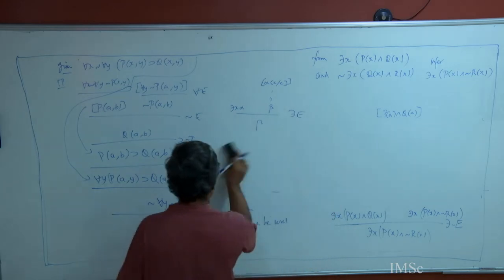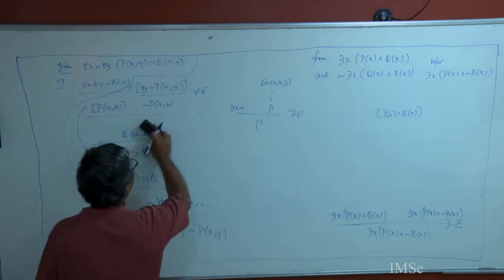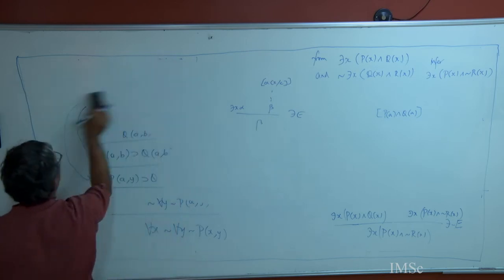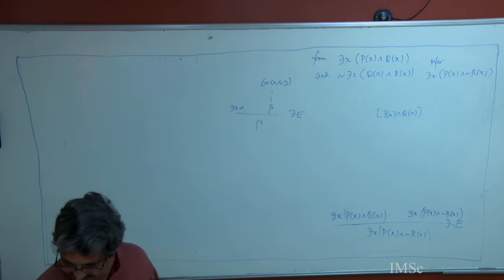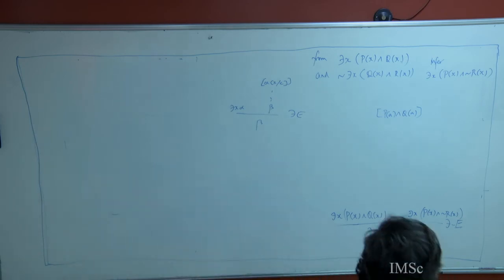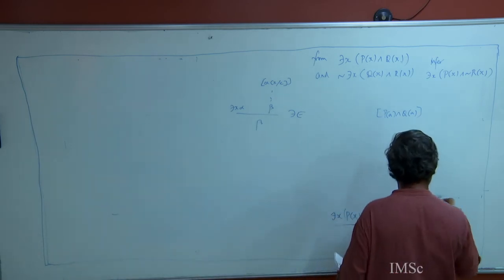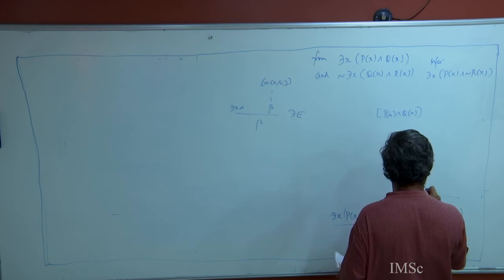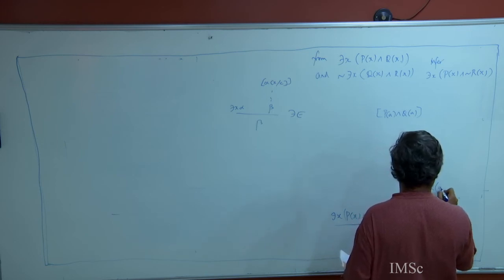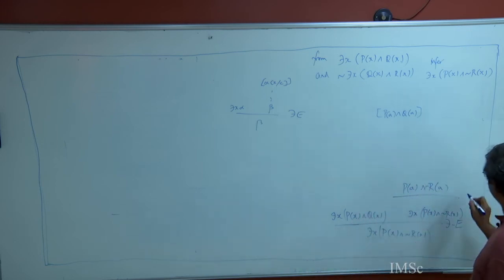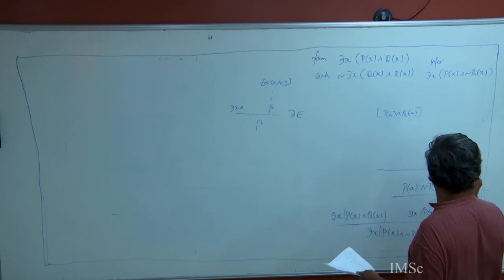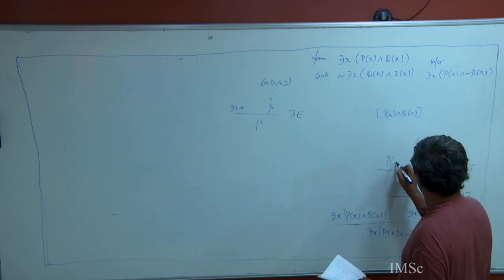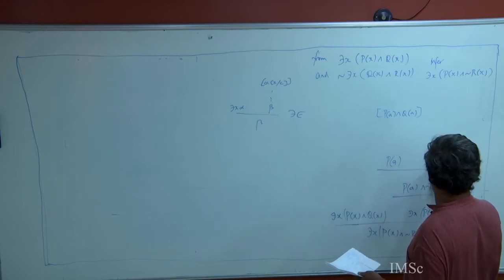So first, here this is from PA and not RA, and this is a straightforward there exists introduction. So how do I get PA and not RA? The only way is by AND introduction. I get PA and I get not RA.